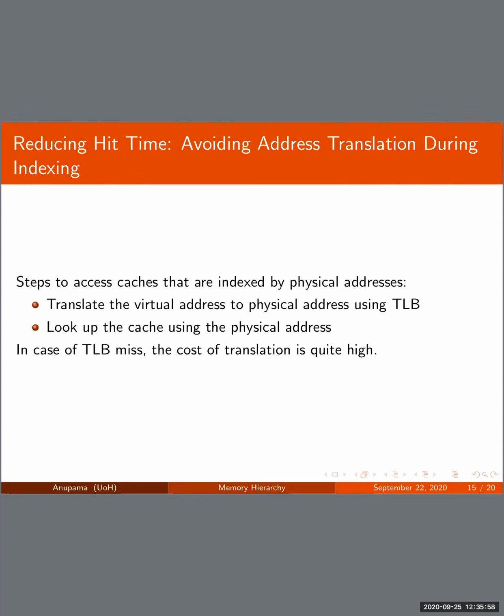Still, instead of having 1 cycle as your hit time to look up the level 1 cache, you are now going to have 2 cycles to look up the cache. 1 cycle to translate the virtual address to physical address by looking up the TLB. Another cycle to read from the cache.